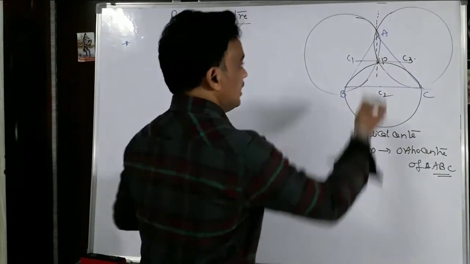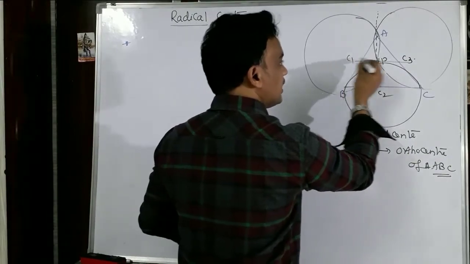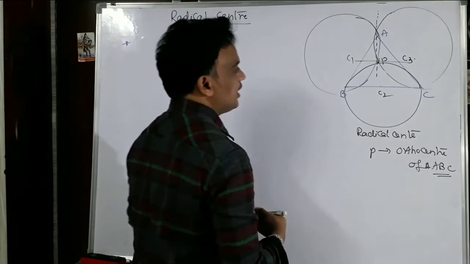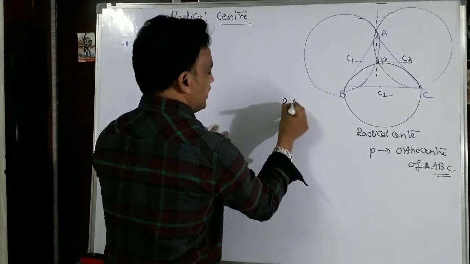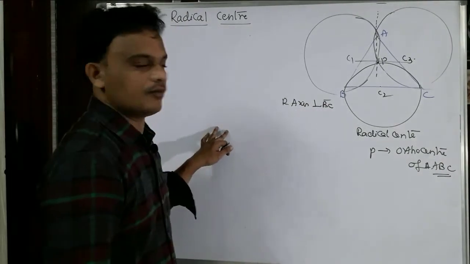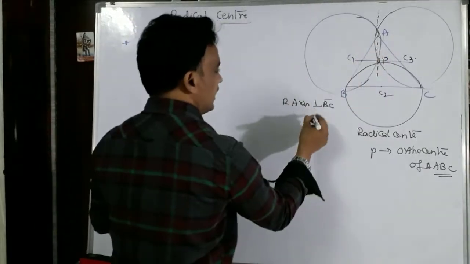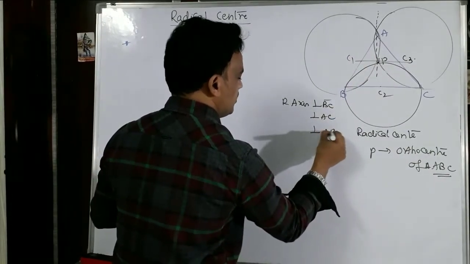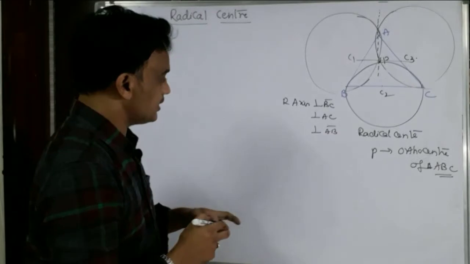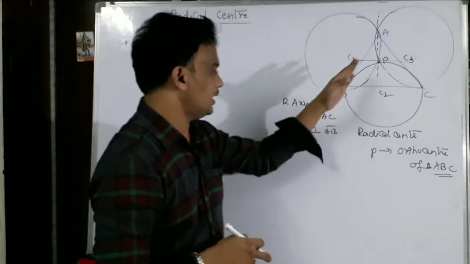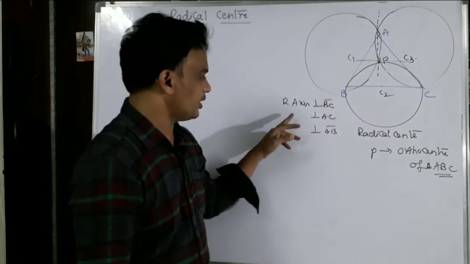That means if this radical axis is perpendicular to C1C3, this radical axis is perpendicular to BC also. Of course, the same way, the radical axis is perpendicular to AC and to AB. So this radical axis becomes the altitude for the triangle ABC. The point of intersection of altitudes is nothing but the orthocenter.